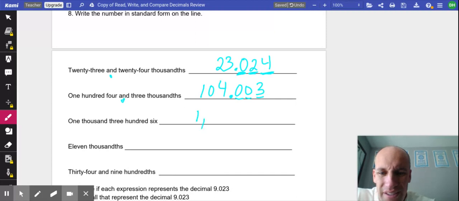There's no and, so I just write out the number. 1,306, 11 thousandths. There's a THS on the end. No and, so there's no whole number. Tenths, hundredths, thousandths. I need to end in the third place value with 11, so I need to annex my 0 in the tenths.